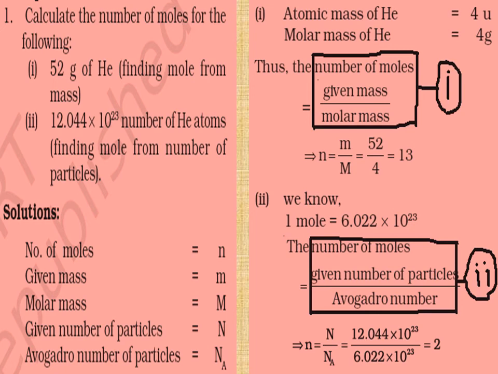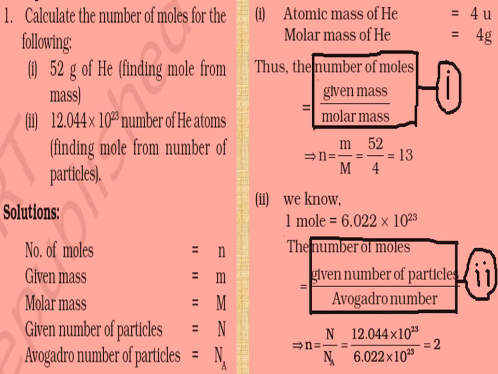In the second formula, number of moles equals given number of particles divided by Avogadro's number. The given number of particles is 12.044 × 10^23, and Avogadro's number is 6.022 × 10^23. The 10^23 terms cancel, and 12.044 divided by 6.022 gives 2.